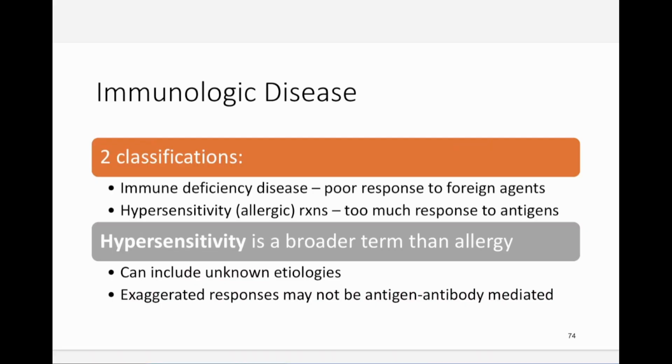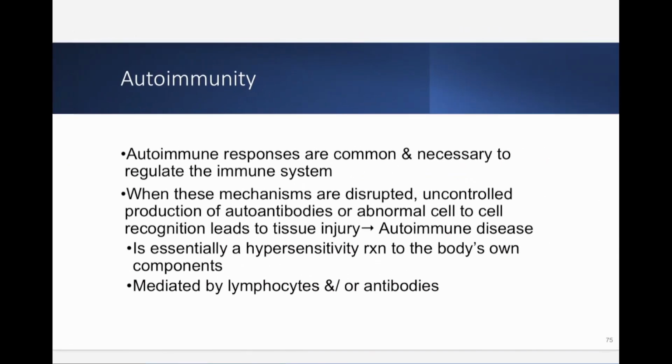So hypersensitivity, like I said before, is broader than the term allergy itself. It can include unknown etiologies, and these exaggerated responses may not be antigen to antibody-mediated responses. Autoimmunity, so this is your autoimmune response, is very common, and it helps regulate our immune system. So our body knows this is a foreign cell, and this is our cell. We don't want to attack our cells. We want to attack the foreign ones.